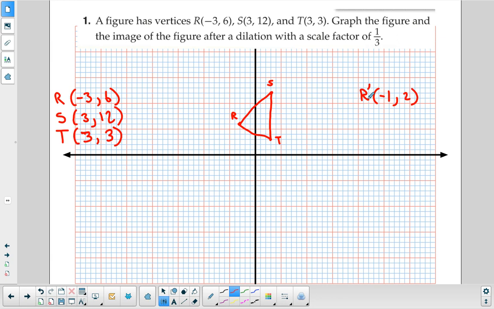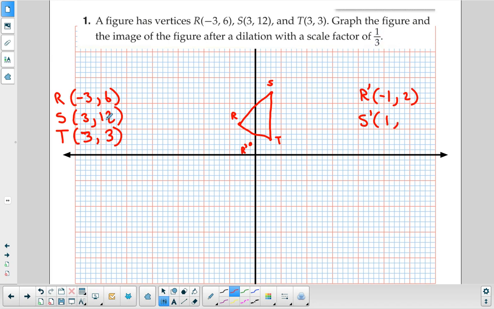So now I'm going to plot my new point R prime, which is going to be at -1, 2. So here's R prime, and I'll go over it in a different color. Now I'll look at S prime, the location of my new S. I'll take 3 and multiply that by 1/3, which will be 1.